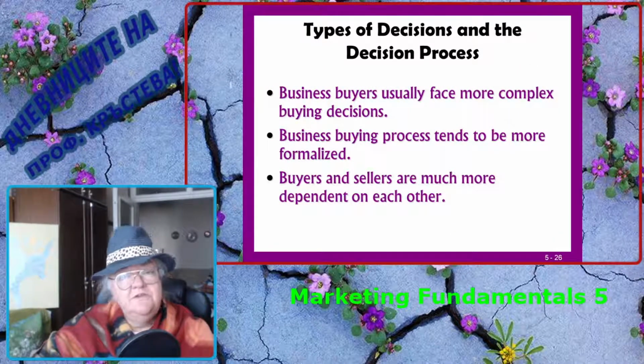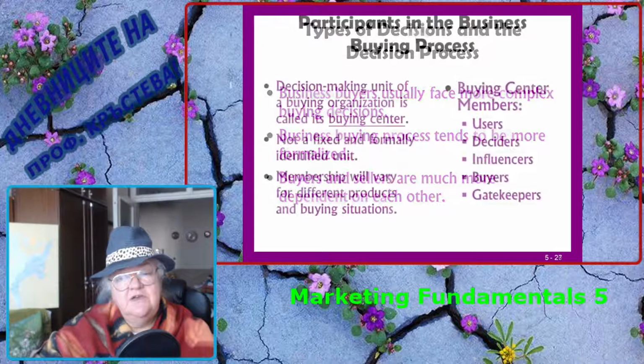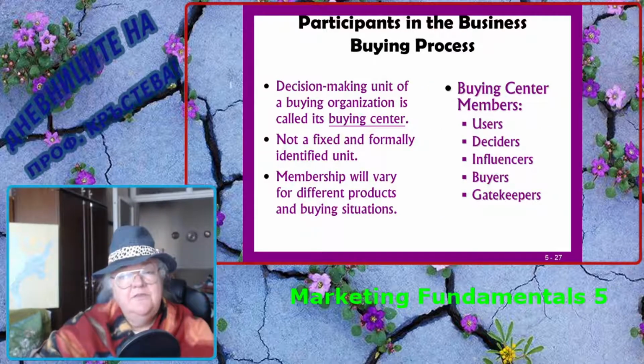There are different types of decisions and decision processes. Business buyers usually face more complex buying decisions. The business buying process tends to be more formalized. Buyers and sellers are much more dependent on each other. The participants in the business buying process are very important.